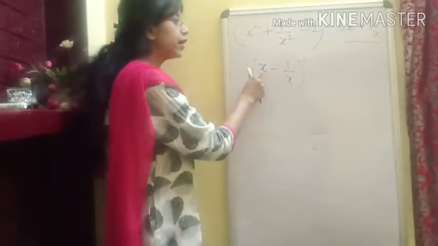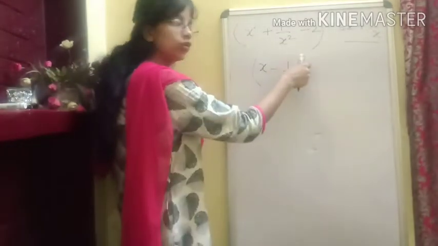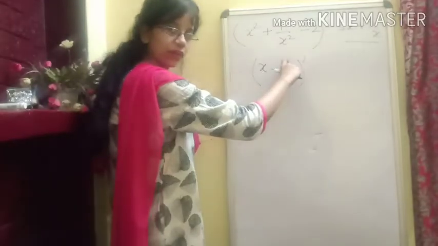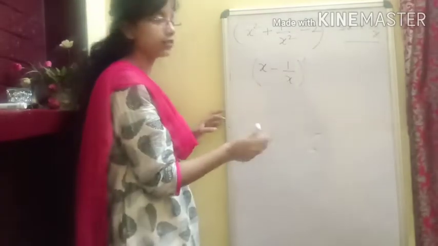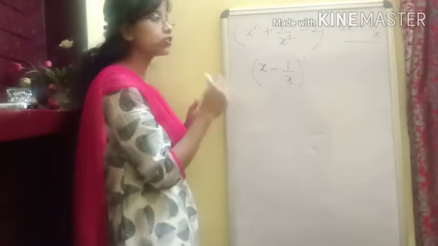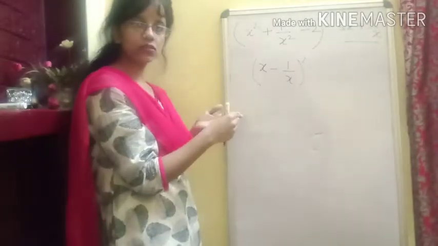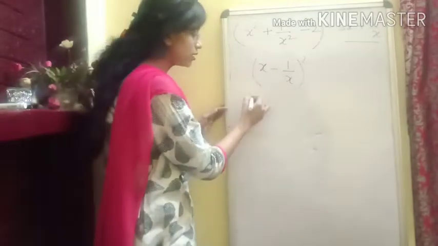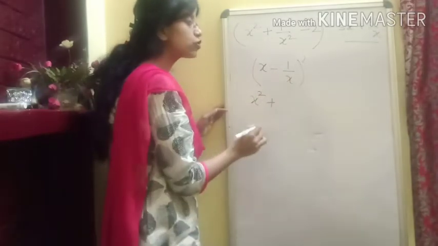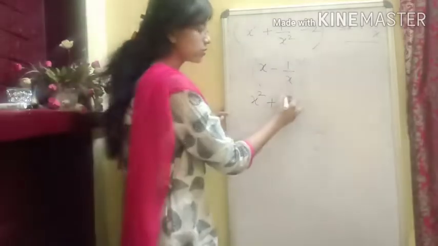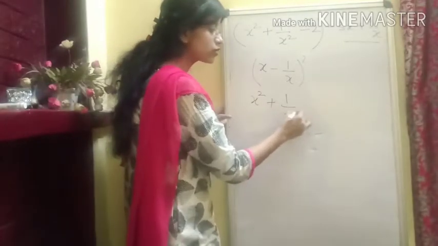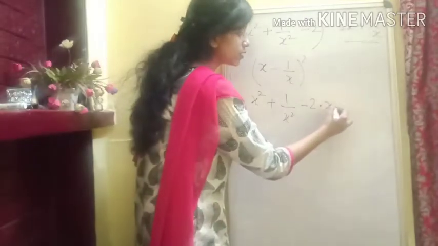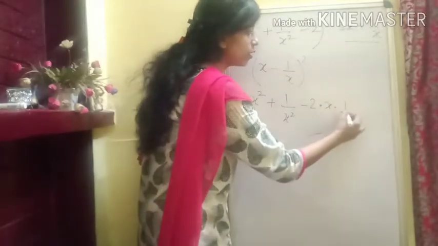It is nothing but a minus b whole square, where a is x, where b is 1 upon x. Now you open the bracket, which according to the identity is a square plus b square minus 2ab. So a square, that is x square, plus b square, b is 1 upon x, the square of b will be 1 upon x square, minus 2 into a, which is x, into b, which is 1 upon x.